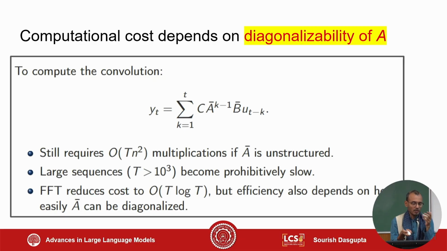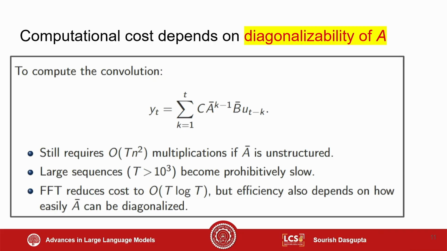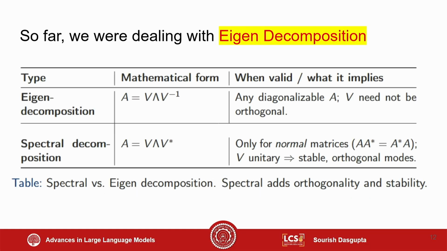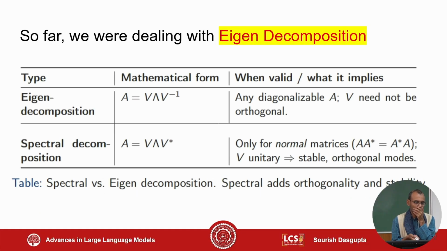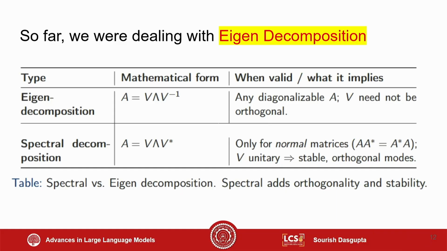Although it looks like your FFT just takes T log T time, in order to get to the diagonalized version of it, which is the lambda version, that itself will take some time. And only then you can apply the FFT, because the FFT is applied on the kernel. The kernel comes from the A, or the lambda, whatever. So eigen decomposition alone will not help.